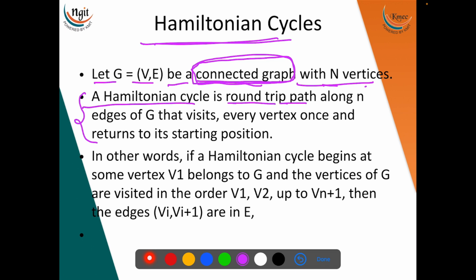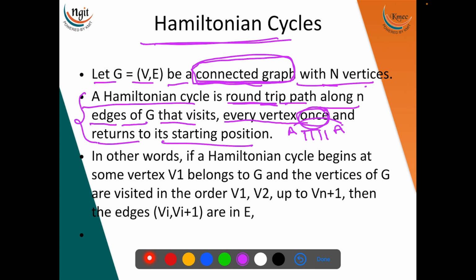That means if you started visiting from vertex A, after you complete the visiting of all the vertices, you should go back to the starting position. That is what a round trip is. Now, a round trip path along with n edges of graph G that visits every vertex once and returns to its starting position.